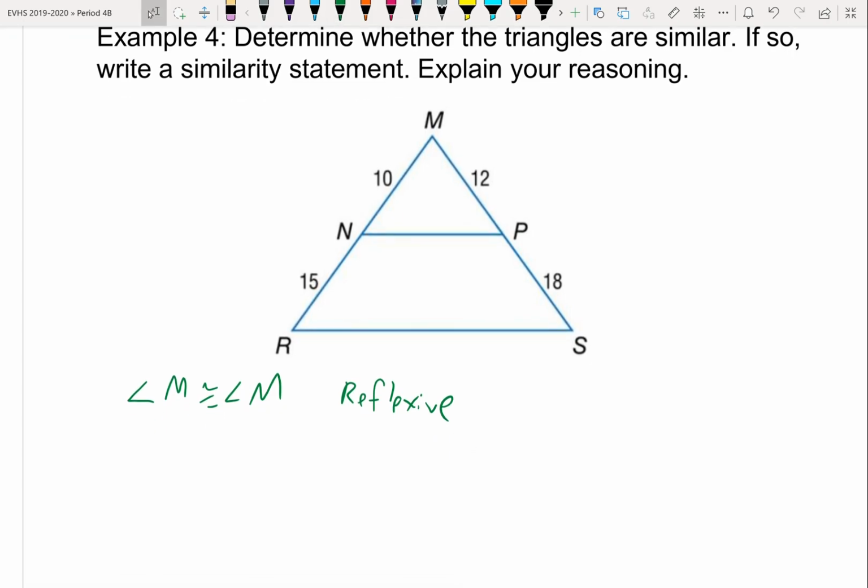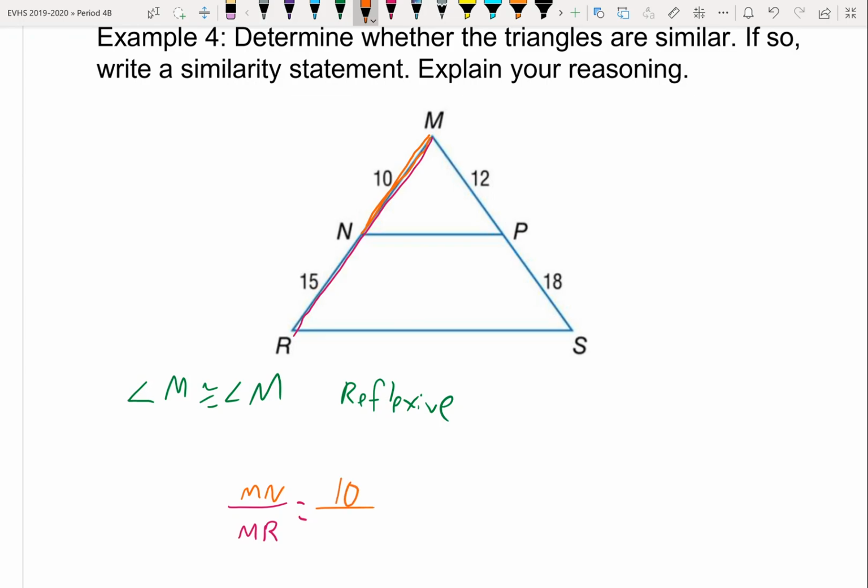So I can see that I believe my corresponding sides here are going to be, let's do my colors here, MN and MR. So we've got MN over MR. That is going to equal, I guess I should probably do my colors right there. That would be MN in orange.